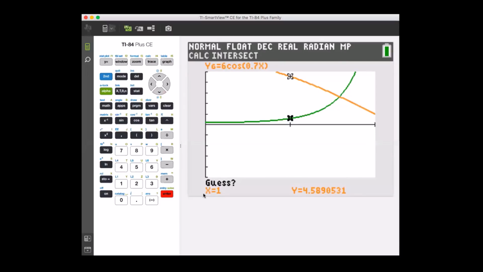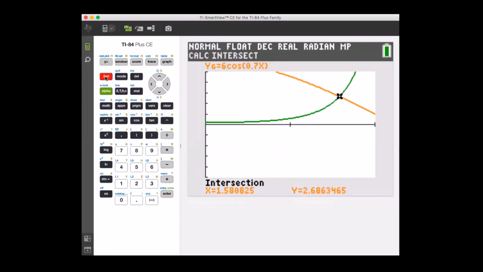Then it says guess, meaning you could type in a guess if you can tell, like, oh, it's about 1.5 or something, but just hit enter on this. And after it says guess, if you enter a 3rd time, it will automatically jump to that point right there. And that point is x equals 1.58025. So this is sort of our critical point of where those 2 graphs intersect.